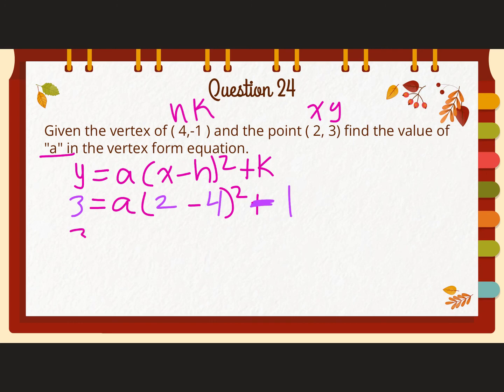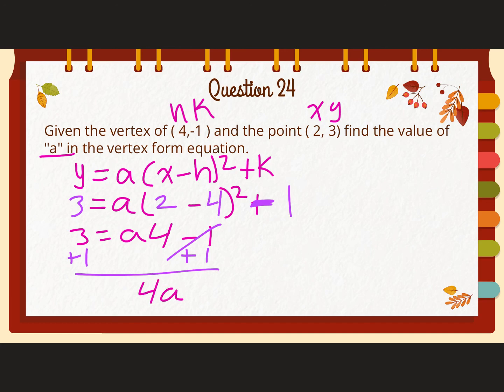I still have that 3 equals a. 2 minus 4 is a -2. Square it, -2 times -2 is a +4 minus 1. I'm going to go ahead and add 1 to both sides, so that way I just have that 4 and the a right next to each other. And I'm just going to rewrite, I'm going to flip-flop it. And this is 4.